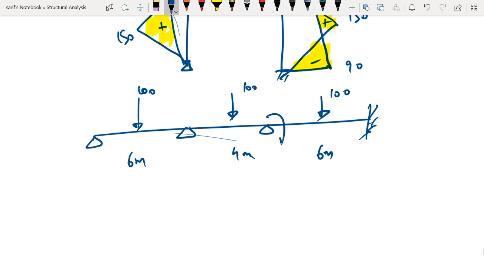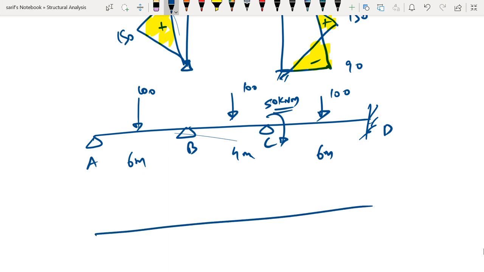So if we are having a 50 kilonewton meter load at C, now if we try to do the analysis for this particular beam, we are going to get the same result and the same moment distribution table as we got in the previous case. The bending moment diagram will be, we will have a 0 here, it will be 66 here, it is going to be 95 here, then you will have a sudden drop there and then it will again rise to 90 here.